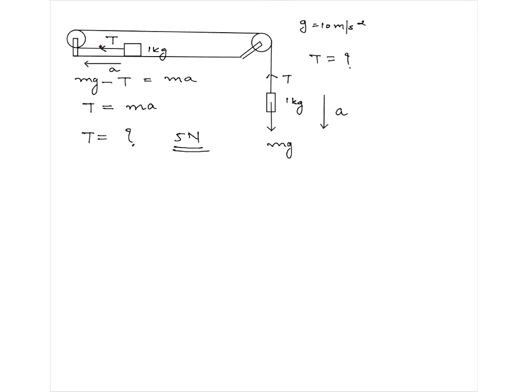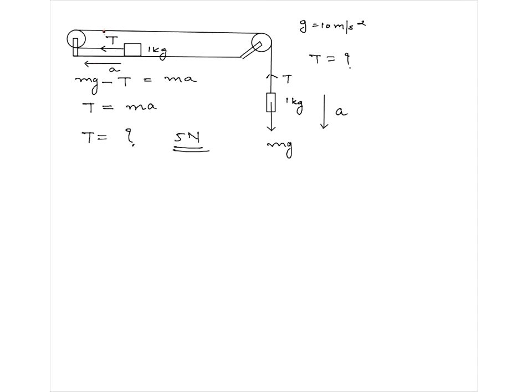The two ends of the string should be moving in the same manner. In the same time, they will cover the same distance. So that should be a only, but to the left.